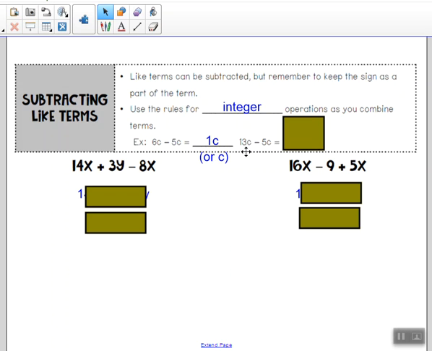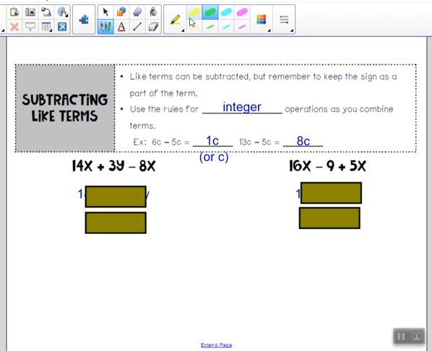If I look right here, 13c minus 5c, well, look at your coefficients. And if you subtract them, what do you get? You get 8c. Now, this is going to happen sometimes, where if you look at this one, I have a 14x and I have a negative 8x.